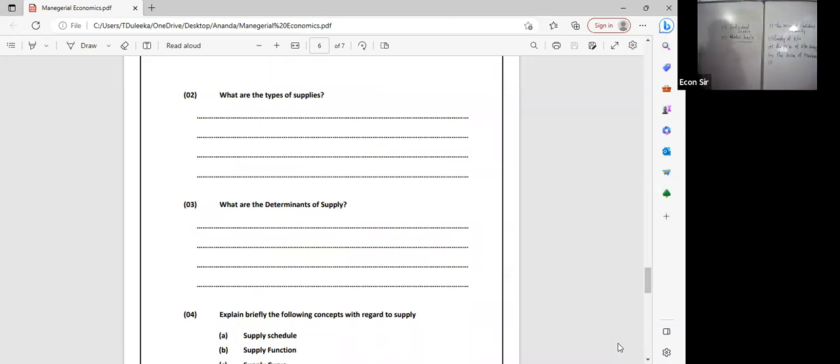ඊට පස්සේ amount of tax being charged by the government.